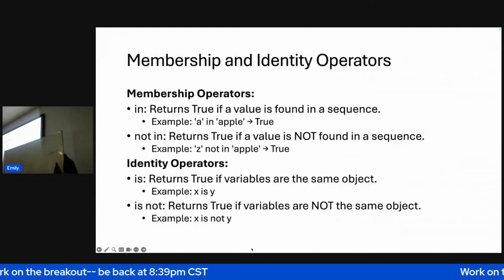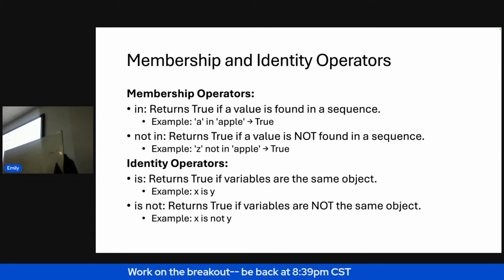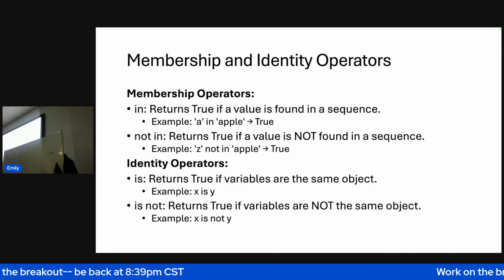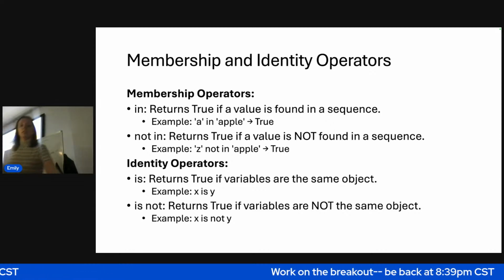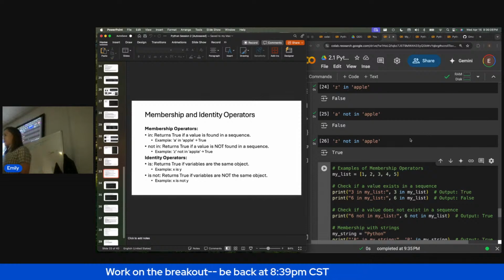Okay, identity operators. So is returns true if variables are the same object, so X is Y. X is not Y returns false if variables are not the same object. So let's try that out. Let's try is.